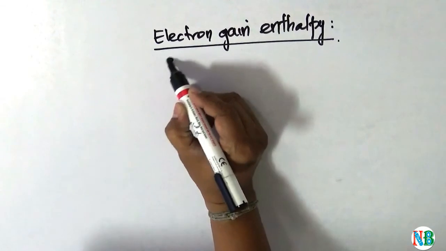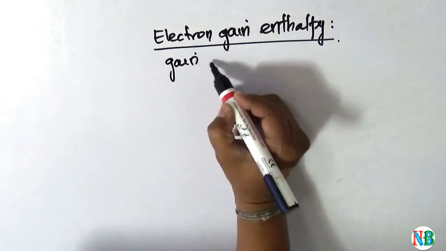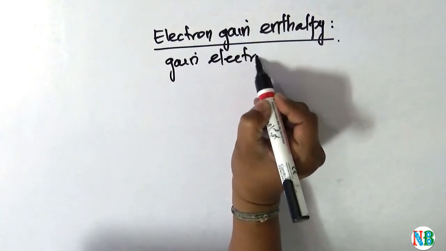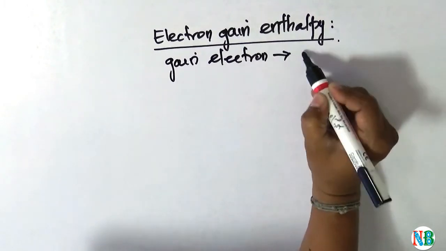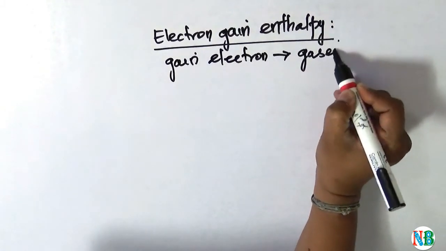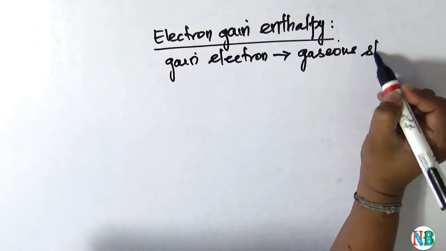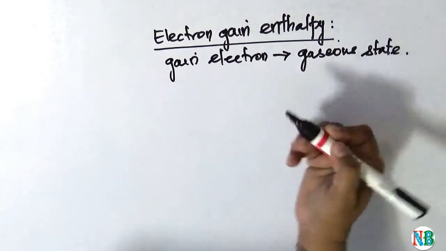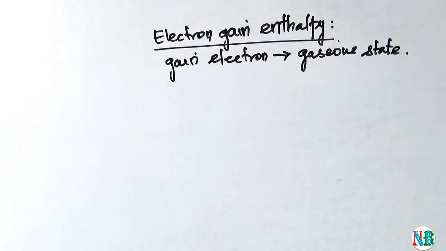So what are you doing? You are gaining an electron again in its gaseous state only. Now when you gain an electron, what will happen to that atom? It becomes bigger. Okay? So you have an idea of how easily to add an electron.